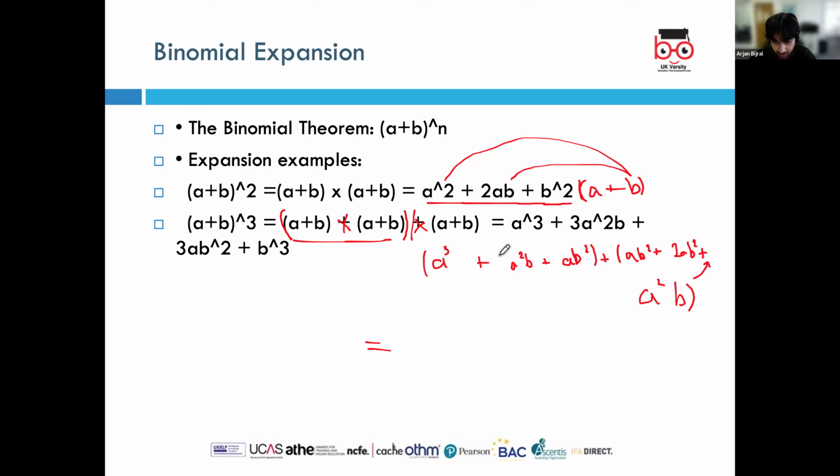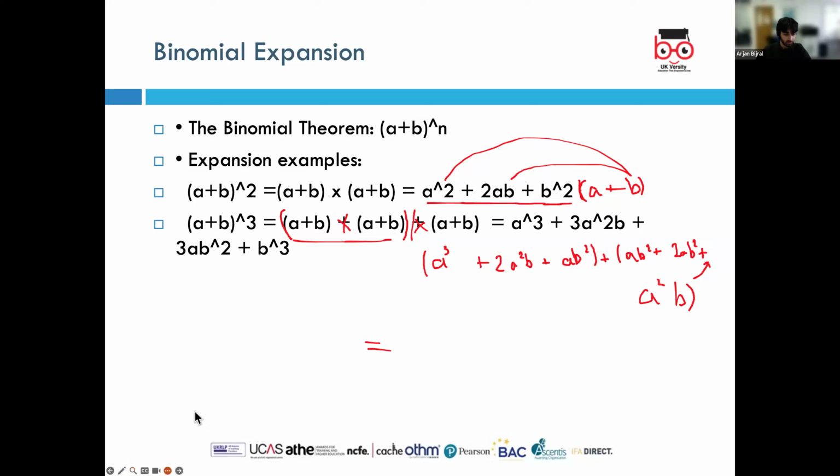I'll try and write it out clearer: a cubed plus 2a squared b plus ab squared, plus ab squared plus 2ab squared plus a squared b.